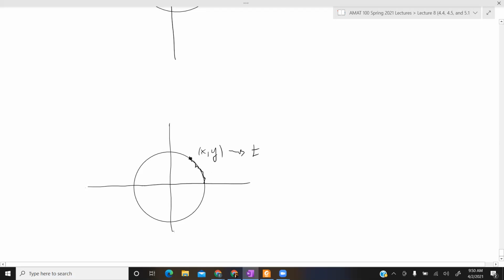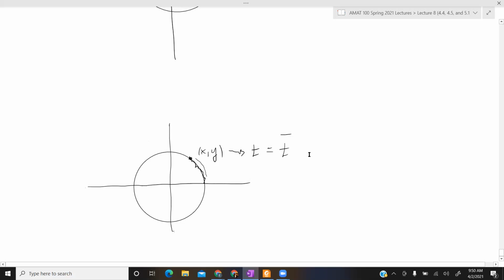This point is closest to this point on the x-axis, not this point. So this right here would not be t bar. In fact, t bar would refer to this arc length right here. So in the other case, t equals t bar. They're the same in that case.